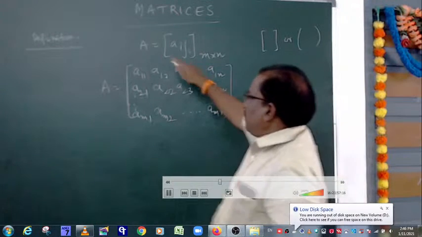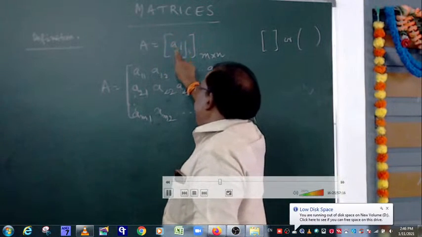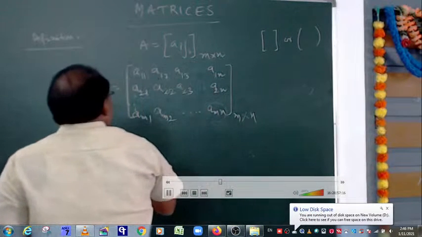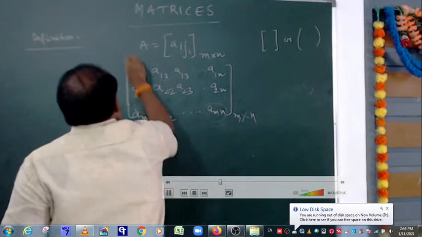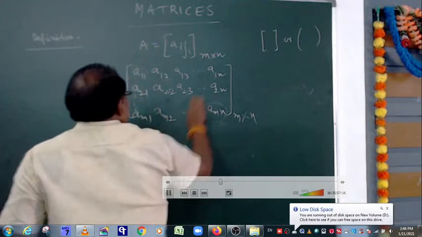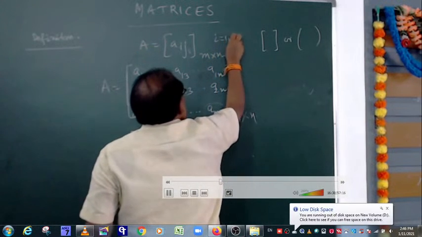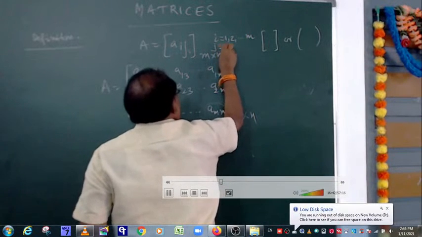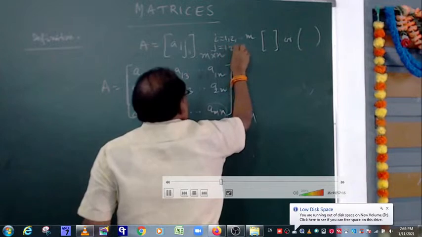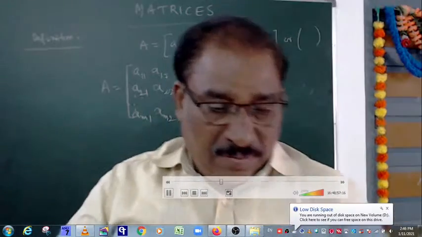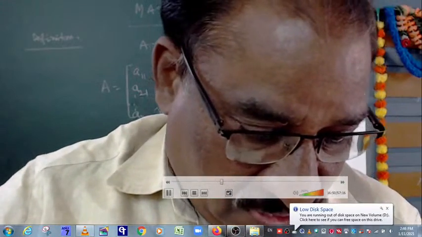So the general representation is A is equal to Aij, where i runs from 1, 2, 3, 4 up to m, and j runs over the number of columns 1, 2, 3, up to n. This is the general form of the matrix. Okay.